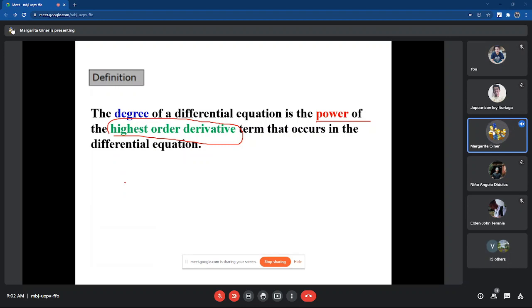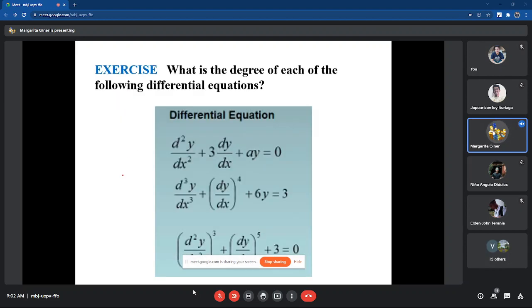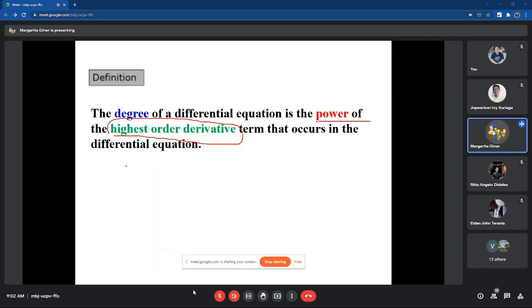So, if you have an equation here, let's say you have y second prime raised to 2 plus cosine x, d, let's say, dy over dx is equals to e raised to minus x.